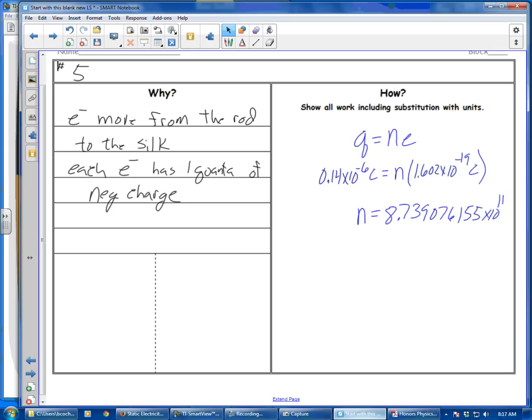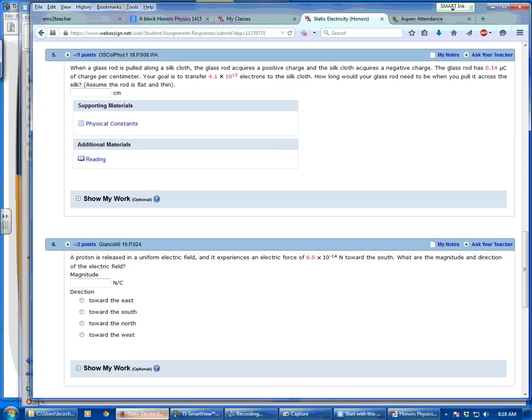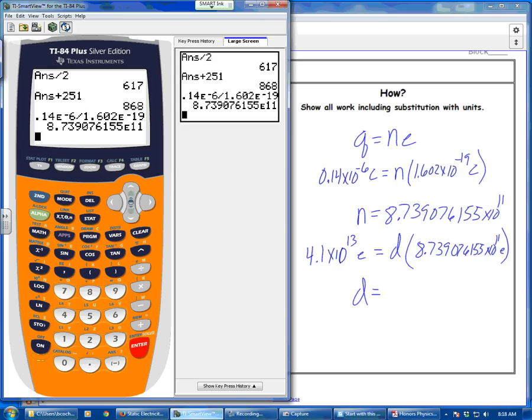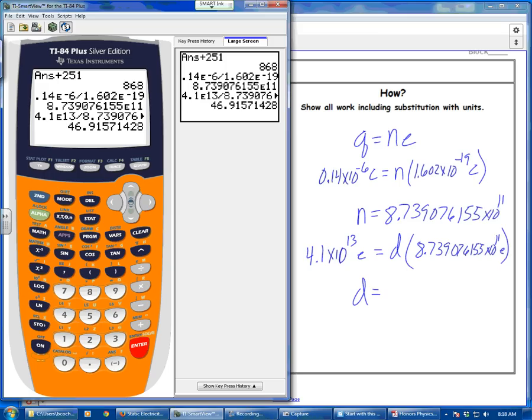And so if I need to remove 4.1 times 10 to the 13th electrons, and every centimeter I have available 8.739076155 times 10 to the 11th electrons, I need to rub it for 46.9 centimeters.